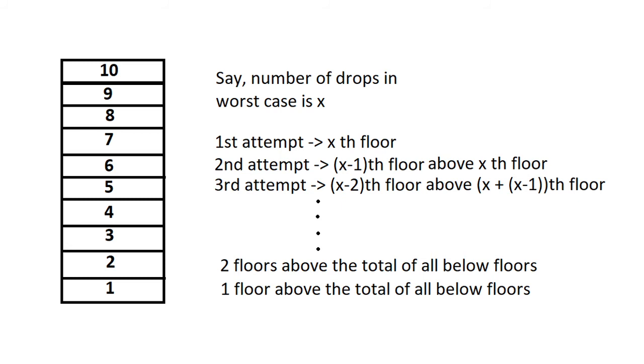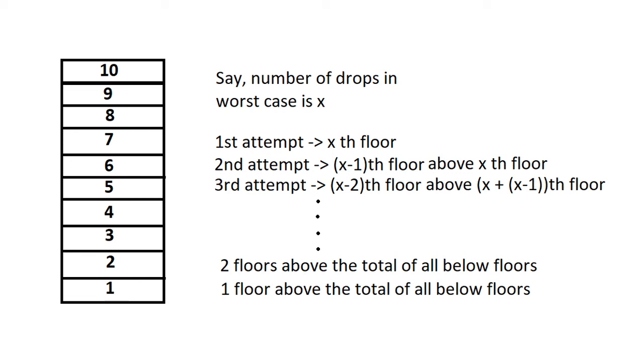We can see that our step size decreases after each attempt. That is, in the first attempt, we made the attempt from the xth floor. But in the second attempt, we made the attempt from the (x minus 1)th floor above the xth floor. So in the most optimized solution, our last attempt would be 1 floor above, and that would make us reach the last floor also.